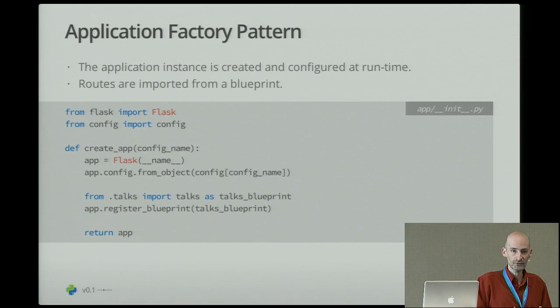So a more useful way to create an application is to write a function that makes one. And this is called an application factory function. And then you can call it on your own terms to create an application, configure it the way you want. In this example, I take the configuration name as an argument.